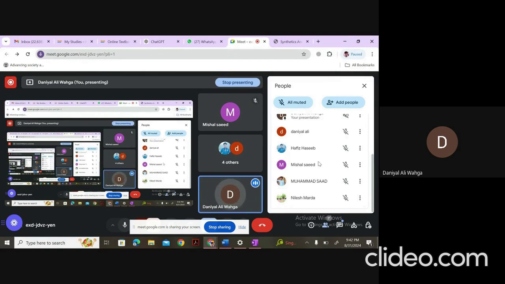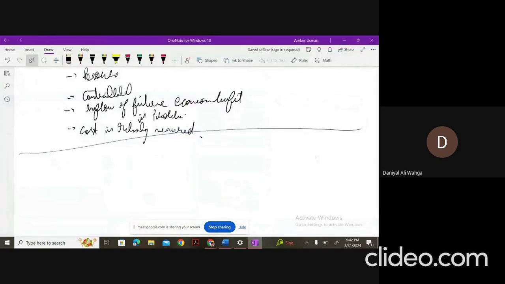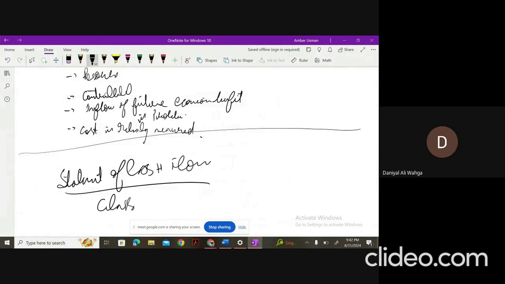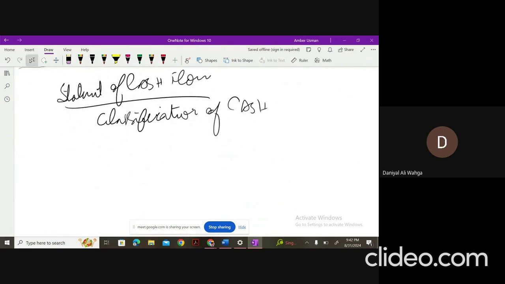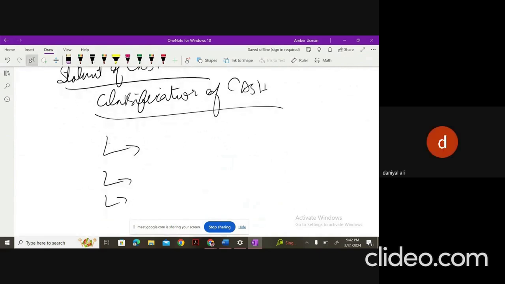So you can say one of the most important aspects of the statement of cash flows is the classification of cash. We classify our cash, and according to IAS 7 or IFRS, there are three different classifications of cash.